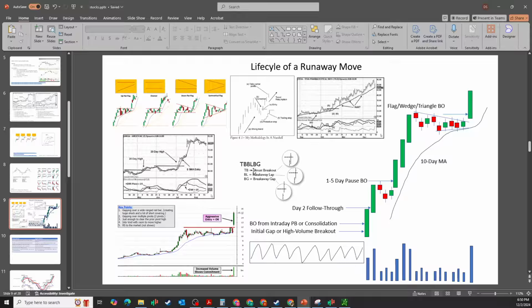But all these things are indicating is strong demand, where investors are willing to gap the price up or buy at higher prices and keep bidding this stock up in the midst of a breakout. And what Mark Boucher found is that these signals, these price patterns, are all throughout a runaway move. So what he wants to see is this first thrust up.